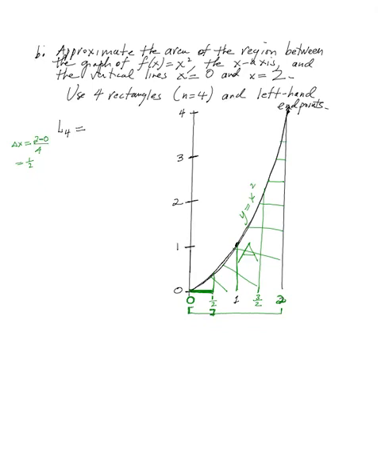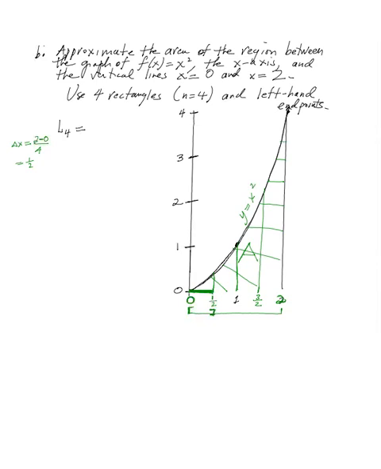I'm just drawing this horizontal segment here for emphasis. The rectangle over this first subinterval is non-existent because its height is determined by the left-hand endpoint of the subinterval 0 to 1/2. Its height specifically is f of the left-hand endpoint. But f of the left-hand endpoint is f of 0, which is 0 squared or 0.